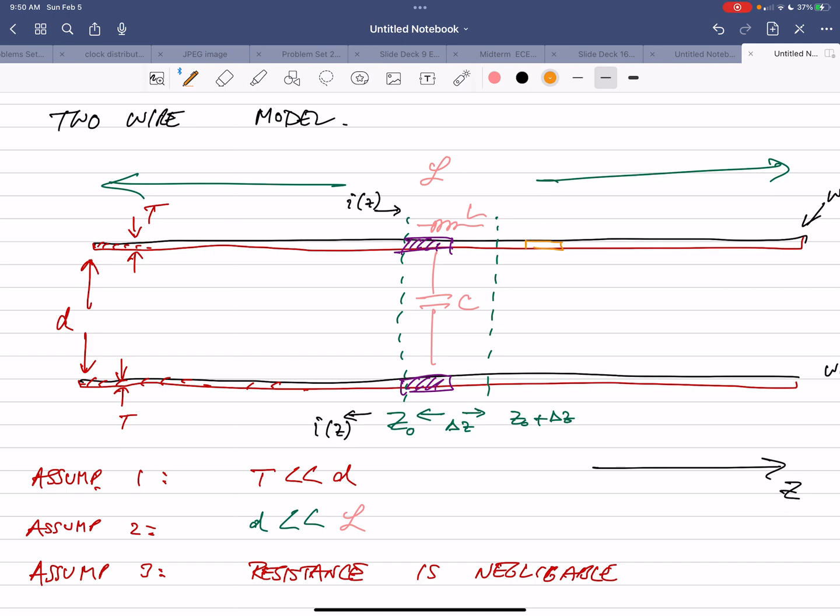This new location will have its own capacitance, which will be the same value as this capacitance if this piece of the wire that we're looking at is the same width. And the same thing with the inductance, it will be the same value as this one.